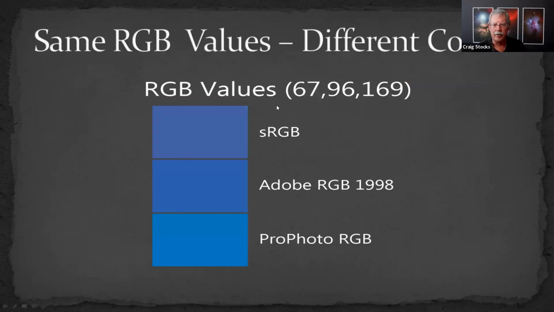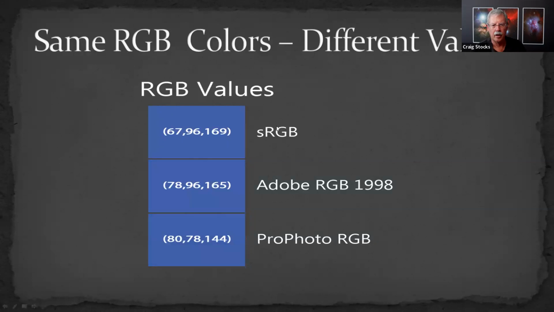So as you might have gathered, in these three different color spaces that we're talking about, the same RGB values, in this case 67, 96, 169, is actually three different shades of blue. It's this shade of blue in sRGB, and likewise it's different in Adobe and ProPhoto RGB. And turning that around the other way, the same shade of blue is available in all three color spaces, but it requires a different set of numbers.